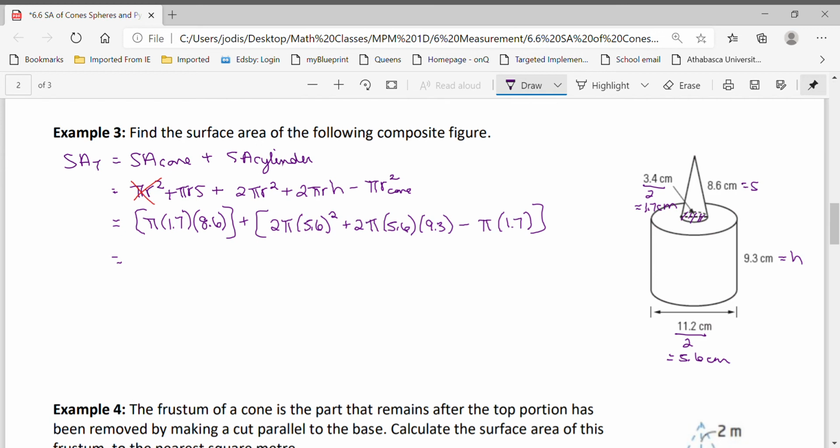Okay, so let's try this here. Again, we're just going to do it in terms of pi. So we've got 14.62 pi for the cone. And then for the cylinder, we've got 62.72 pi plus 104.16 pi minus 1.7 pi.